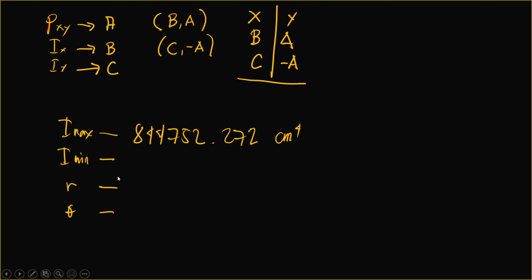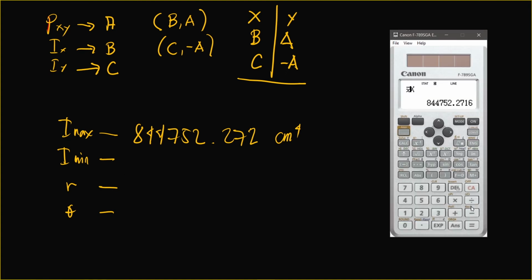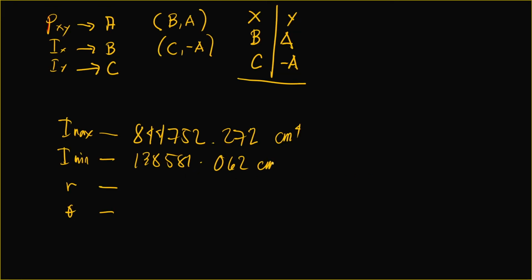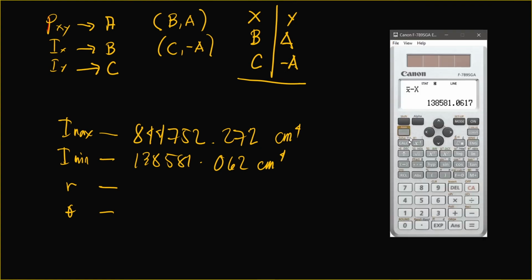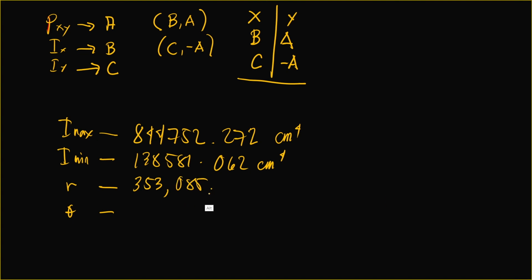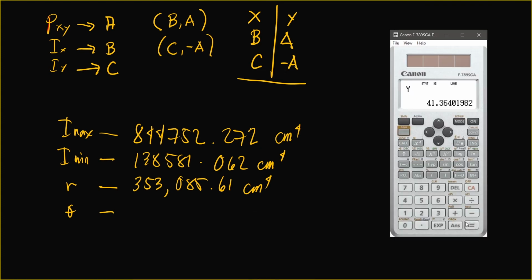For I min, I change plus to minus, then press equal: 138,581 centimeters raised to 4. The radius is in X: 353,085.61 centimeters raised to 4. The theta is in Y, in degrees: 41.36 degrees.